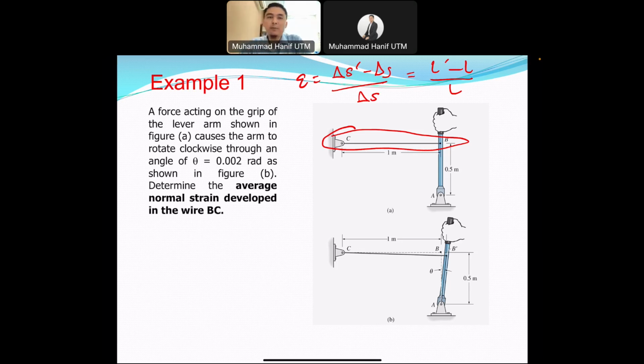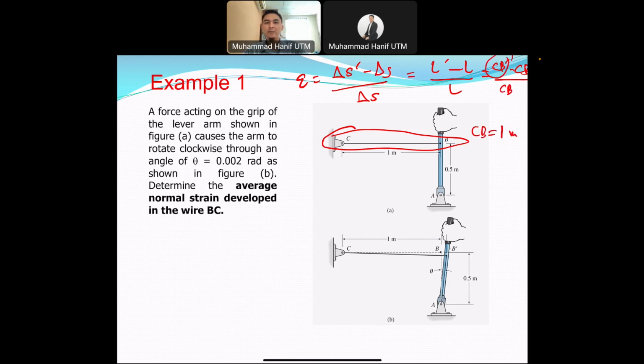Just put L prime minus L over L. In this case, you do not have L prime yet. L prime is CB prime, and the original length is CB. CB is given, CB is equal to 1 meter. The unknown value is CB prime.